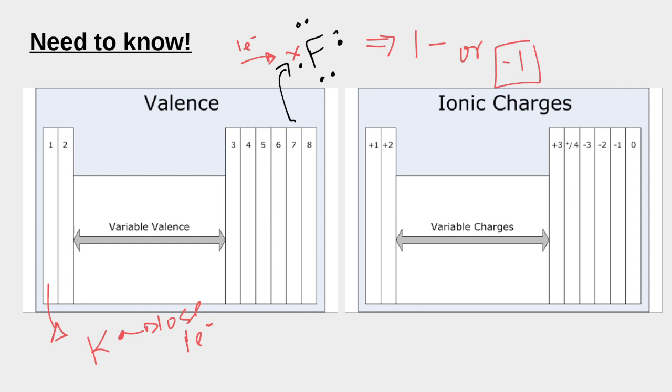So what happens here is if potassium has lost an electron, he ends up with a +1 charge. If elements gain an electron, so the nonmetals, they end up with a -1 charge. So you need to know that relationship between valence electrons and ionic charges, whether those valence electrons are either lost or if they gain more to fill up the outer energy level, what are those corresponding charges?